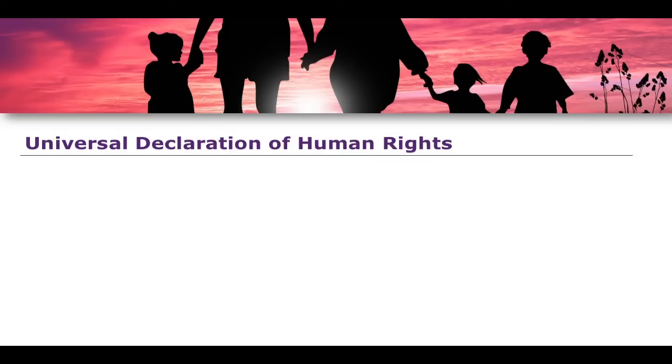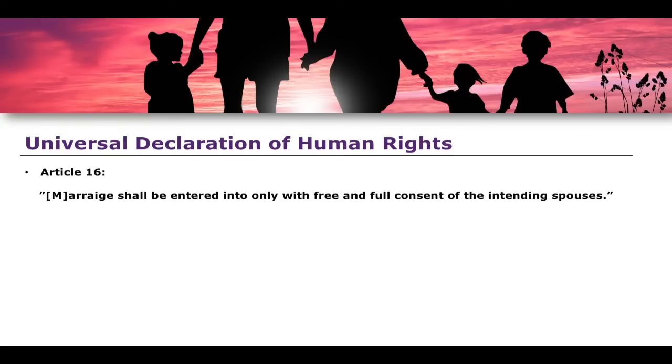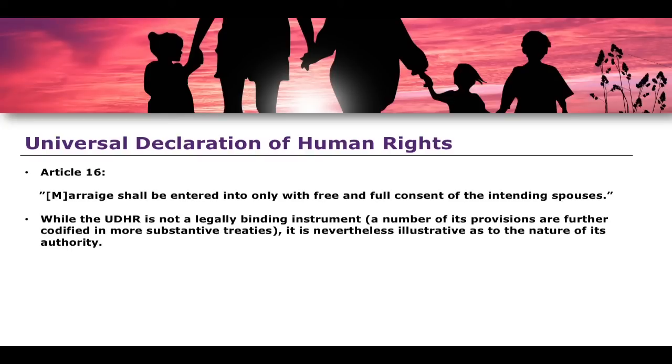However, of course, a lot of human rights treaties and provisions have actually included this into their particular legally binding documents. But Article 16 of the Universal Declaration says, quote, "Marriage shall be entered into only with free and full consent of the intending spouses." So it is clearly defined in one of the most fundamental human rights documents that marriage should not be done without consent.